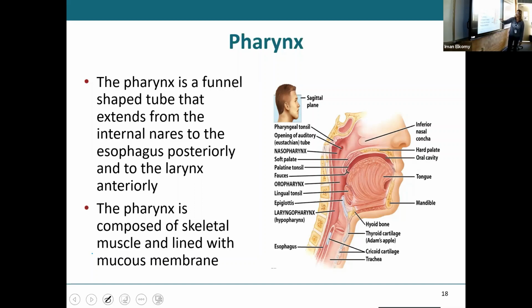So let's talk about these openings, because right here, this is the esophagus. This is where I want my food to go, okay? Right here, this is the trachea. No food should go in there. Up here, this is your nose. No food should go in there. So there are things in place to close up those openings when you are swallowing food or drink.